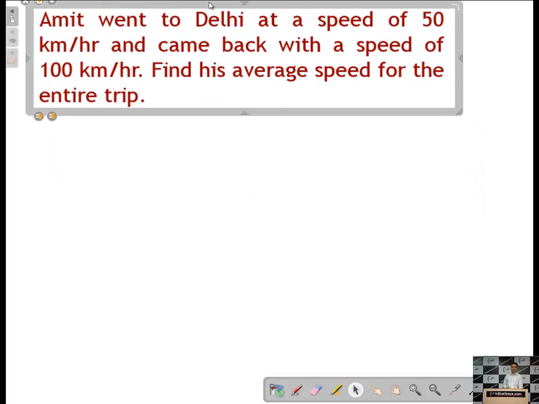Amit went to Delhi at a speed of 50 km per hour and came back with a speed of 100 km per hour. Find his average speed for the entire trip.